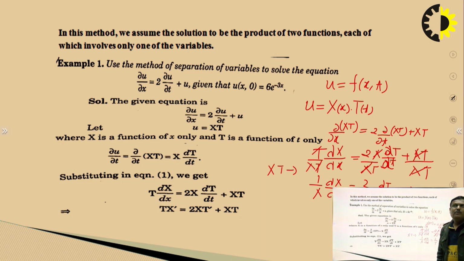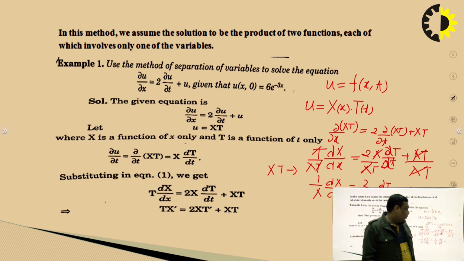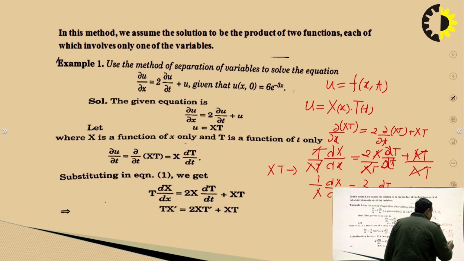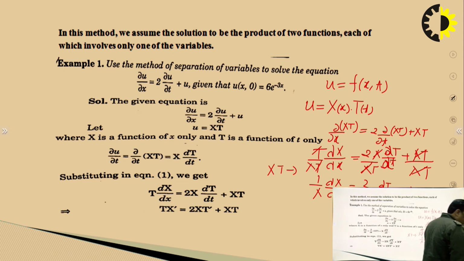Because we know that for solving such equations, the number of equations and number of variables should match, but here the number of variables is 2 and the equation is 1. So we choose an arbitrary constant, equal to k, and the constant may be k, p square, anything you like.